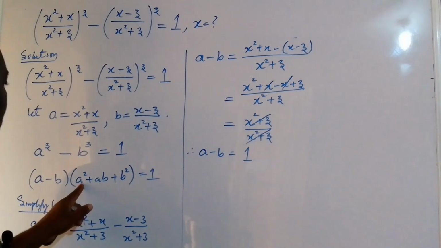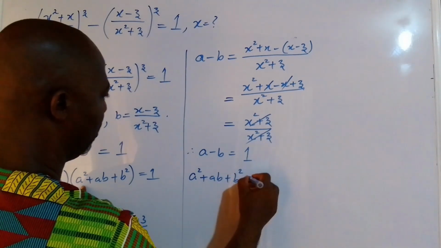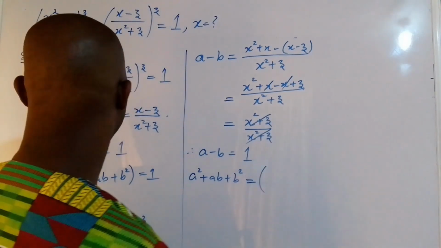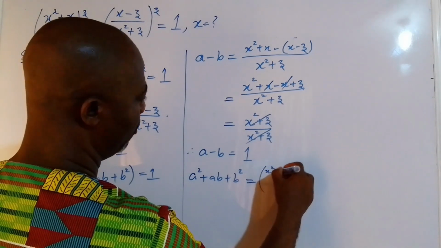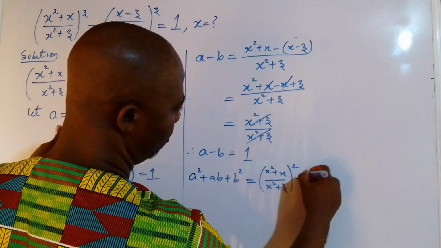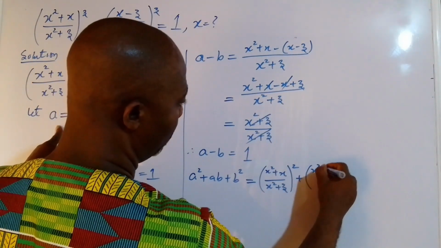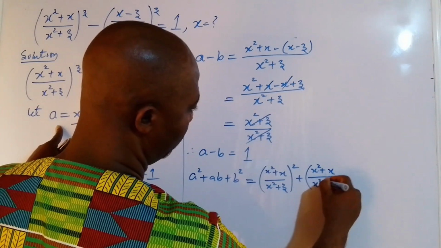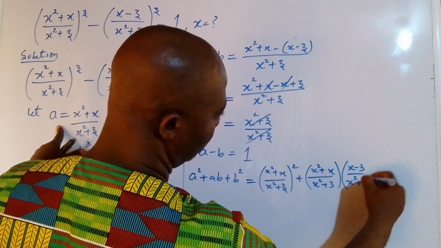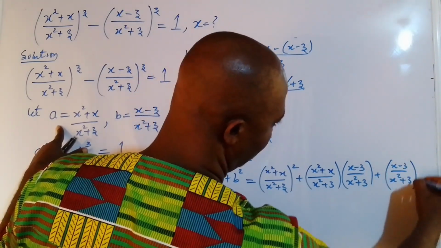So we also go ahead and simplify a squared plus ab plus b squared, and this will give us a squared, which will be ((x squared plus x) all over (x squared plus 3)) squared, plus ab, that will be (x squared plus x) over (x squared plus 3) times (x minus 3) over (x squared plus 3), plus ((x minus 3) over (x squared plus 3)) all squared.